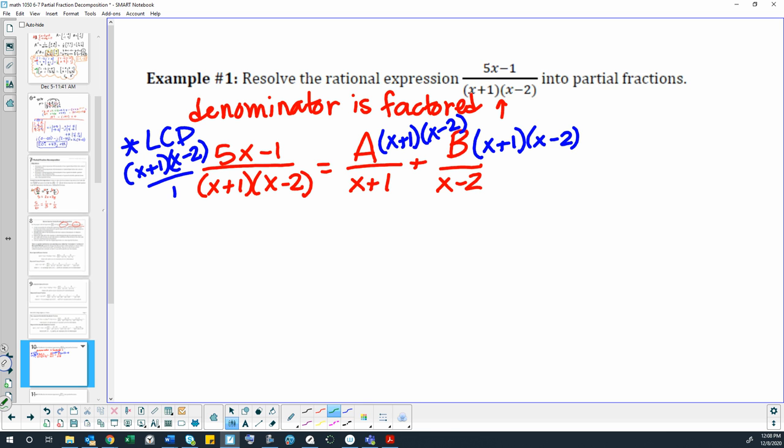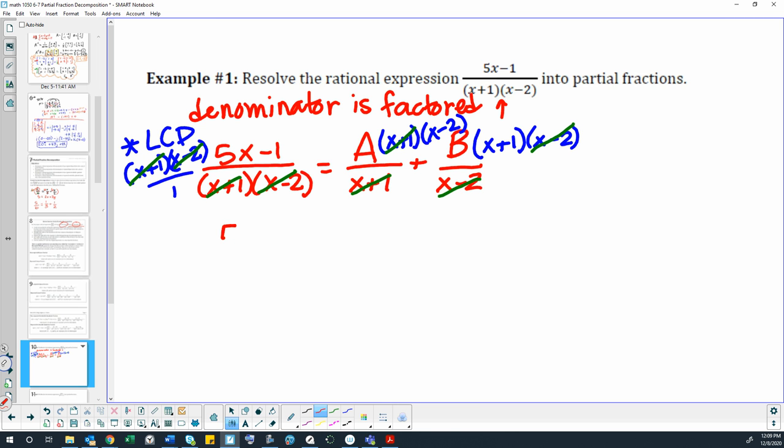Okay. So now we're multiplying by that over 1 on each part. And that allows us to reduce out the denominators. So for your first fraction, the least common denominator should make everything cancel. If you don't completely get rid of your fractions, you've done something wrong. You haven't used the right least common denominator. So this one, our x plus 1 cancels out. This one, our x minus 2 cancels out. What do we have left?